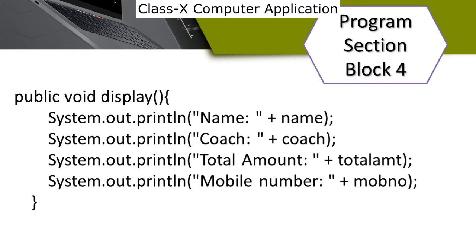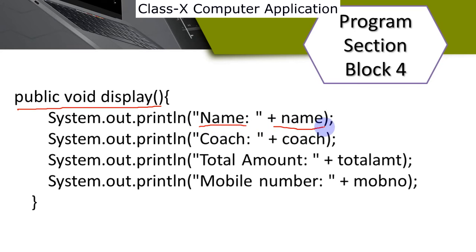Here, what all things do you have to display? To display, the first thing is you have to use the method void display with opening and closing brackets. System.out.println name. We have initialized it in block 2.